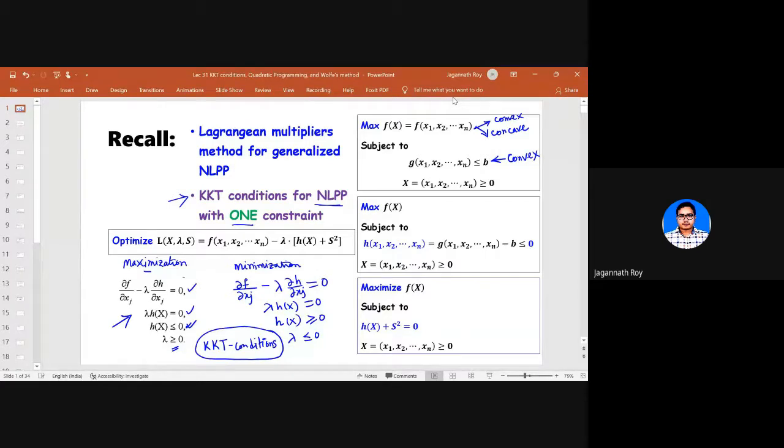But if the objective function is non-convex, then we cannot say these are necessary and sufficient conditions. So these are necessary and sufficient only for these cases: if the objective function is convex or concave and the constraint function is convex.